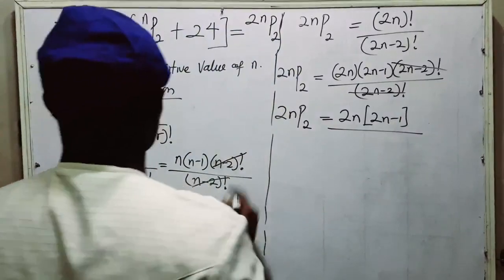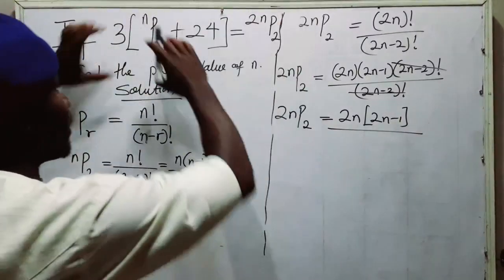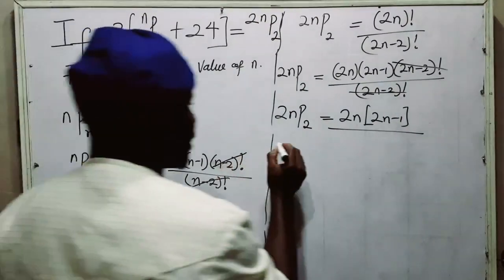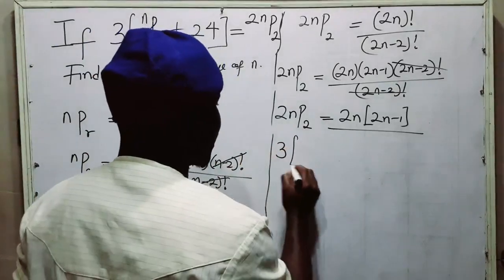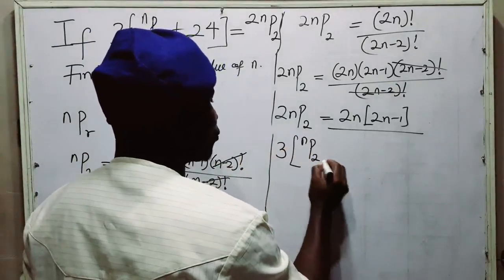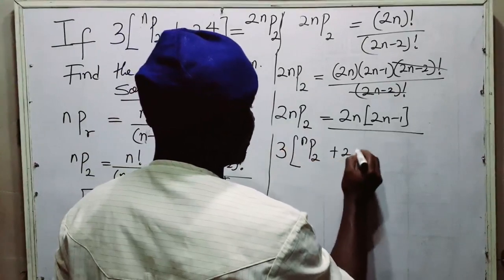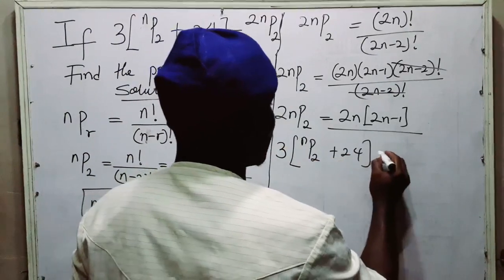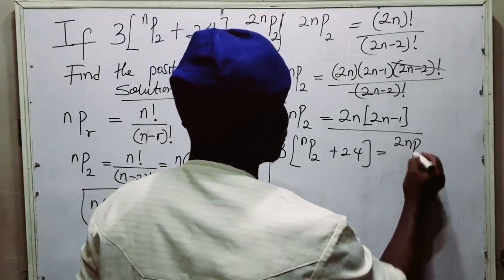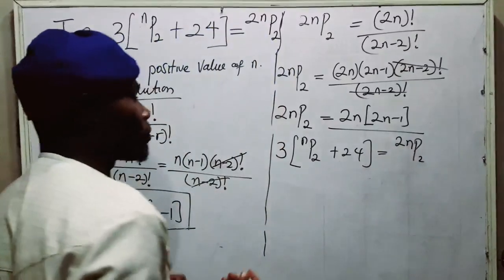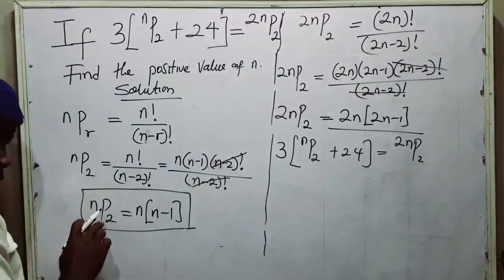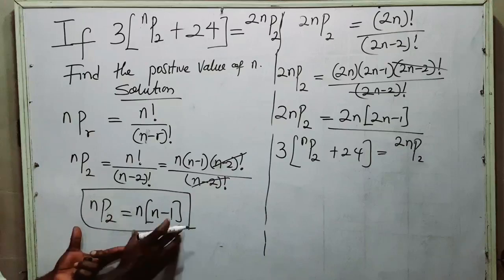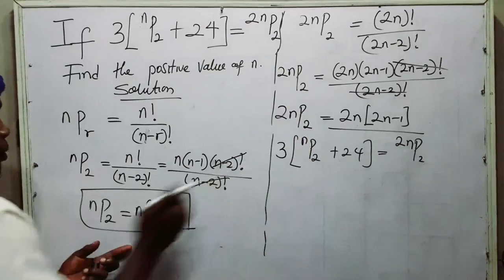Now, this is our equation. Let's try to write this equation out. If you have 3, bracket open, n permutation 2, plus 24 is equal to 2n permutation 2. So let's now substitute the value. In having this, n permutation 2 will give us this.